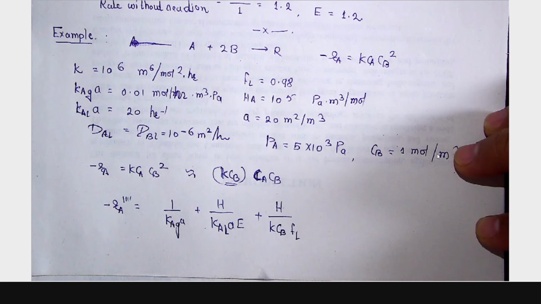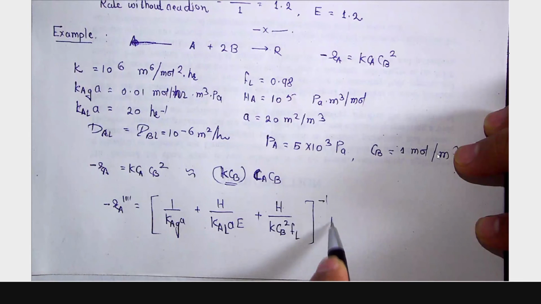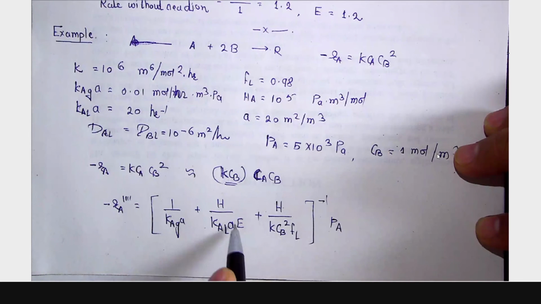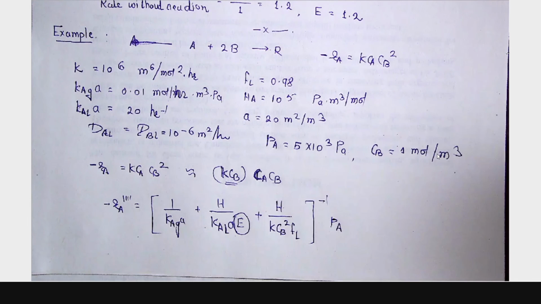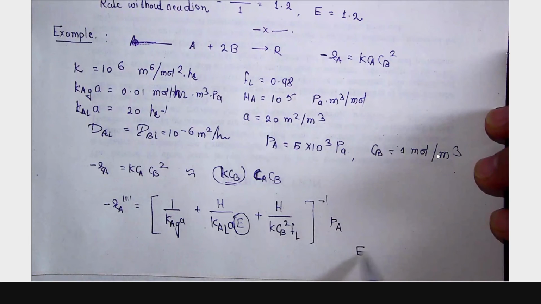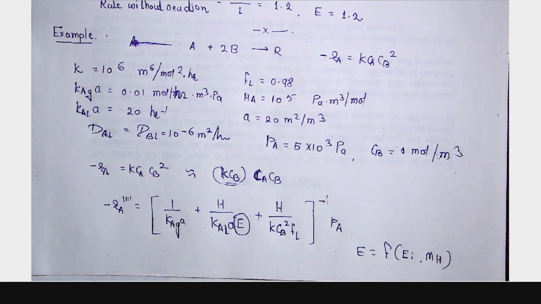So here CB square will come in this case, and this will be inverse PA. The other values are known, so the important one is the E value first. To know the E value, E is a function of ER and MH. So first we'll calculate MH, then we'll go for the calculation of ER.